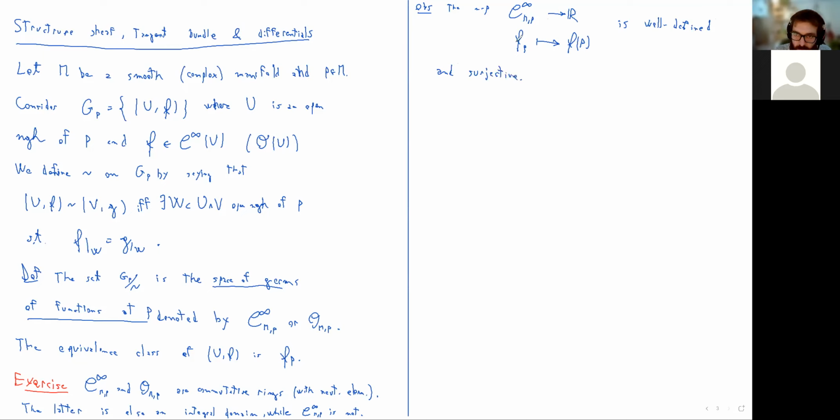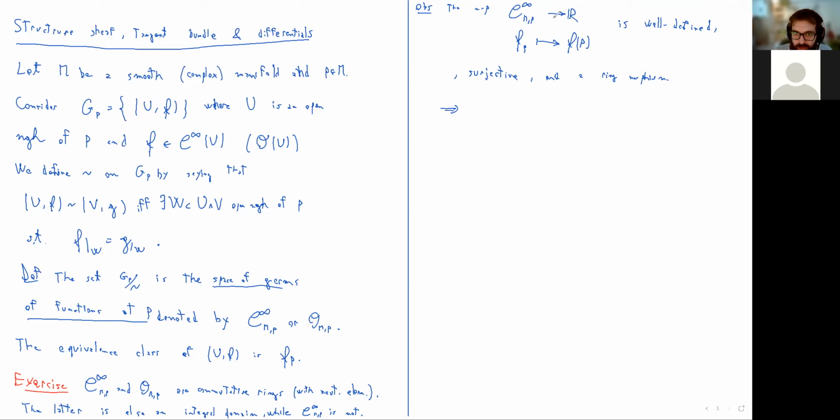Of course, you can just take all possible constant functions and they give you different values here. And this is also a ring morphism. If you take the multiplication of two functions, then the evaluation at a point is just the product of the two evaluations, and the same with sum and with multiplication by scalars in R.